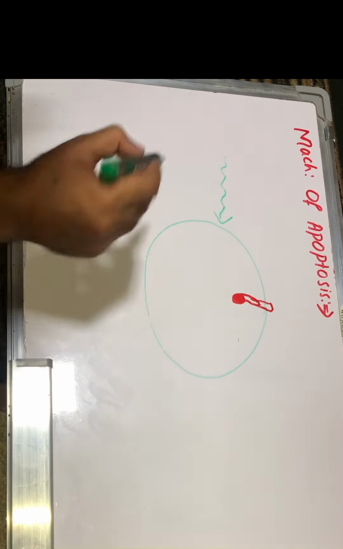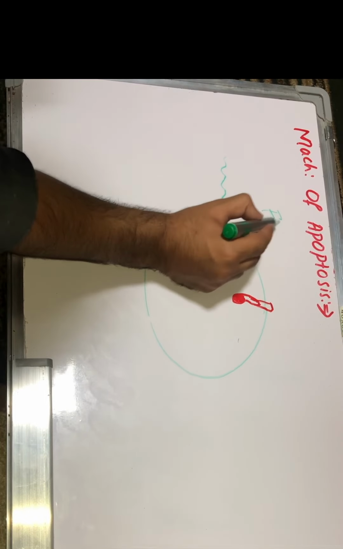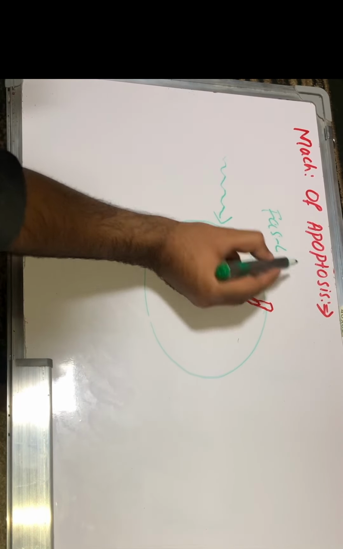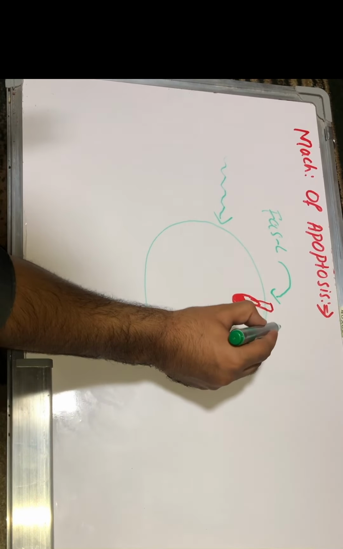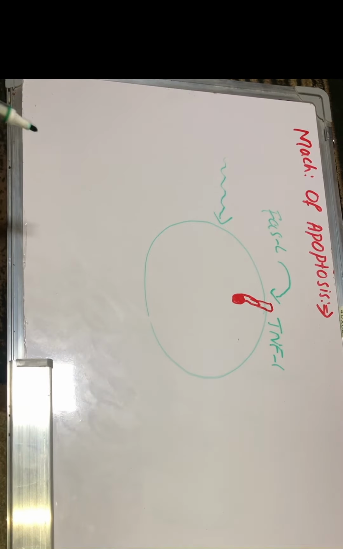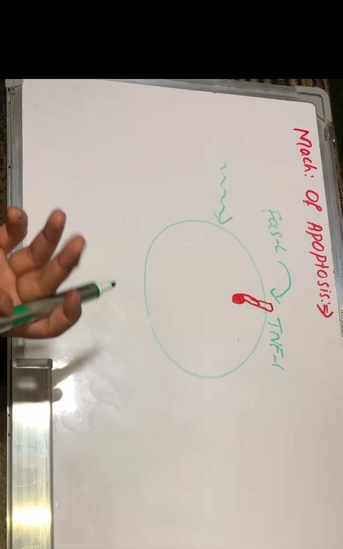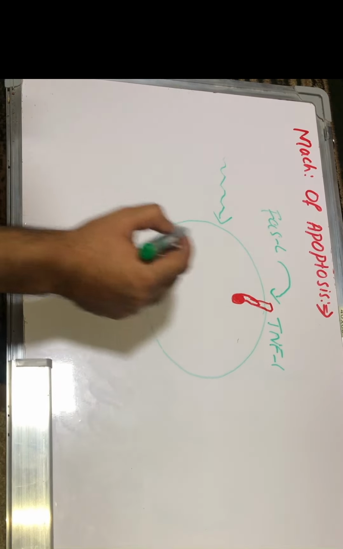When there is any type of injury, Fas ligand will come and attach to the tumor necrosis factor receptor type 1.